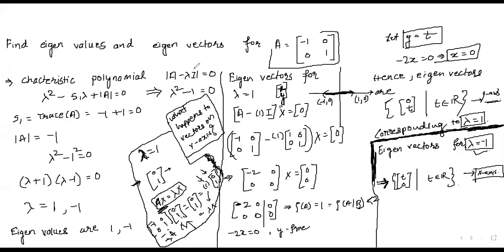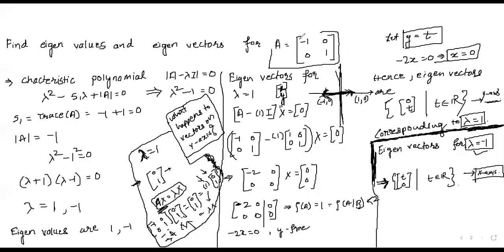So what's happening is a reflection, and in this reflection the vectors on the y-axis will remain the same. There won't be any reflection, right? And when we talk about the vectors on the x-axis, they remain on the same line, but the direction flips and the magnitude doesn't change. So this is what is happening in this case.